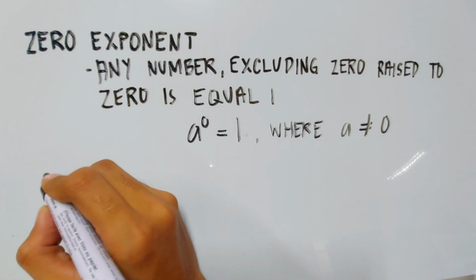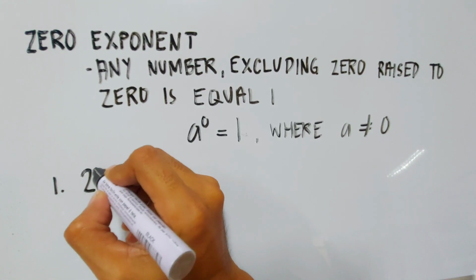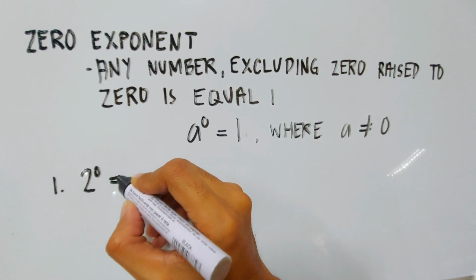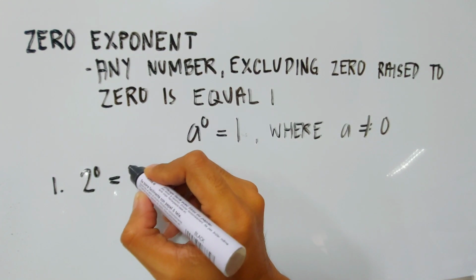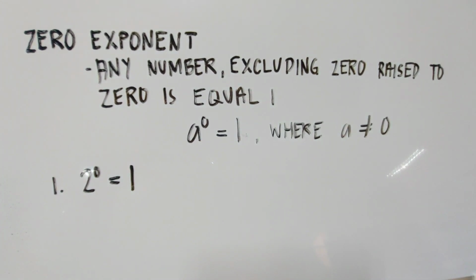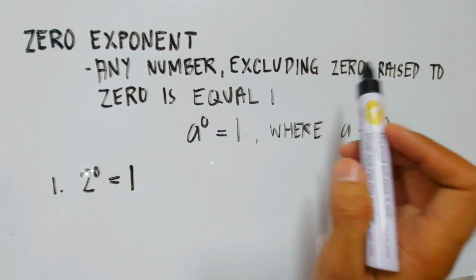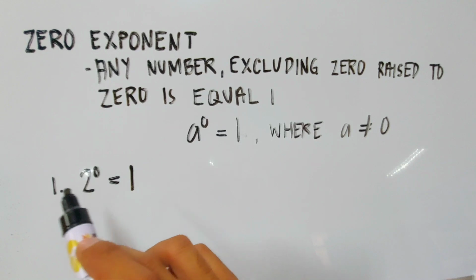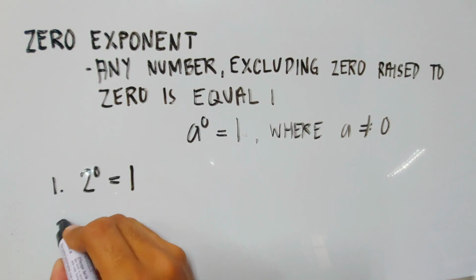Let's proceed now to our example. Example number 1. 2 raised to 0, that is equivalent to 1. Because any number excluding 0 is equal to 1, basta naka-raise siya sa 0.